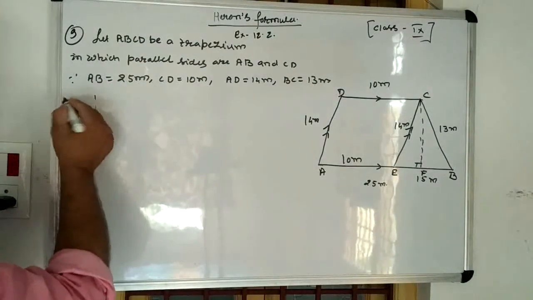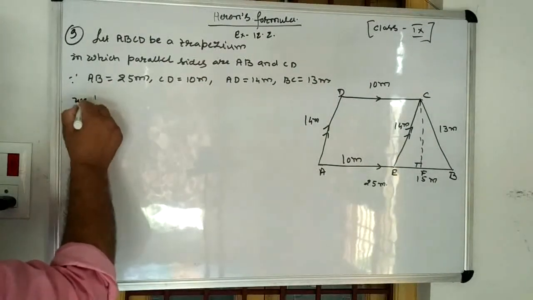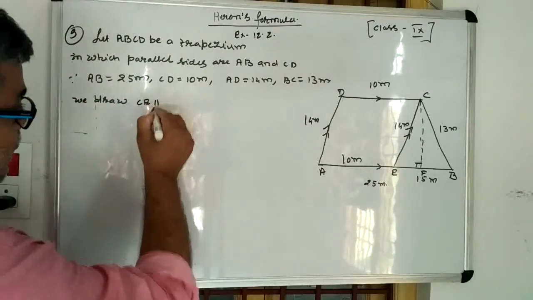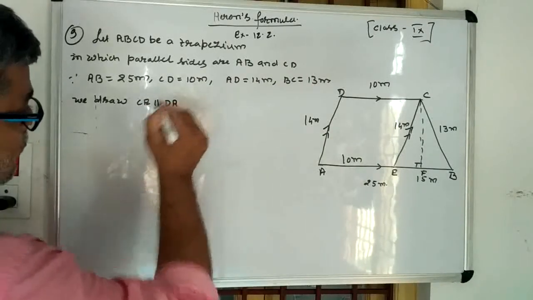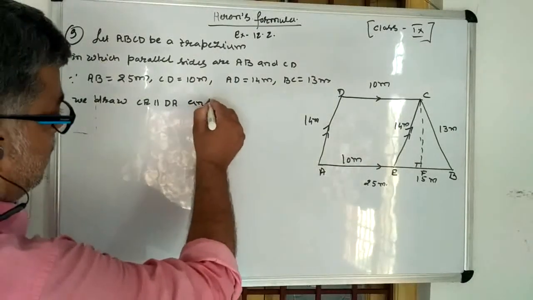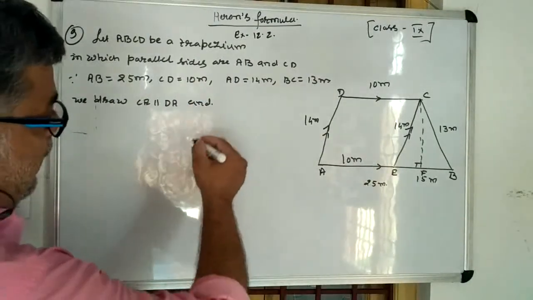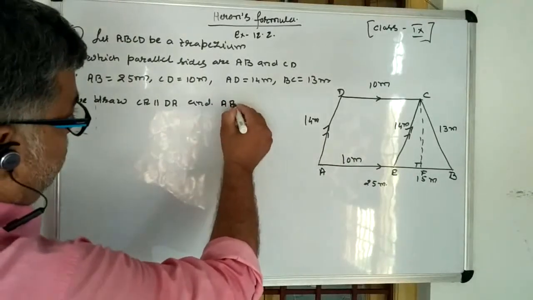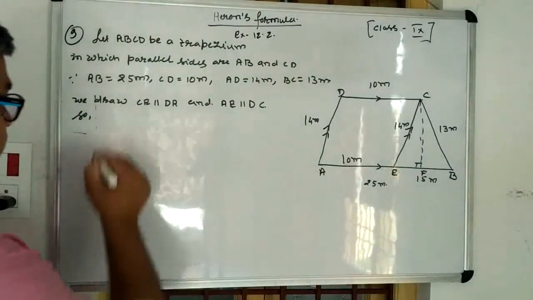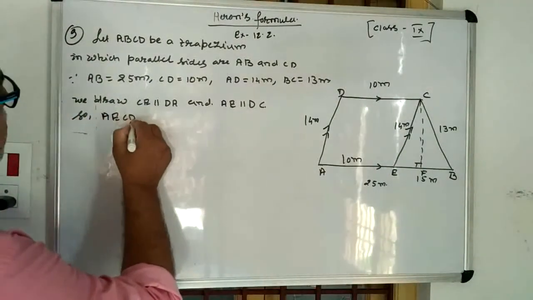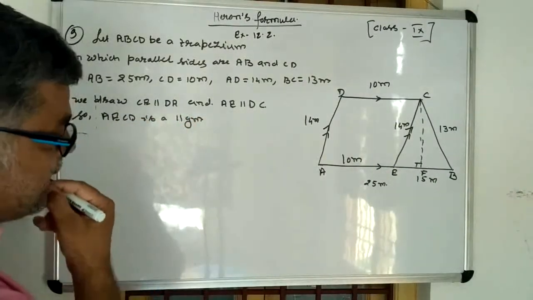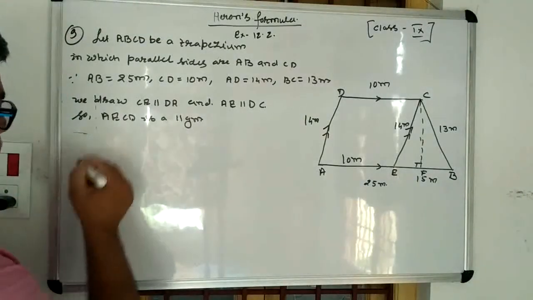Now what we have done? We draw CE parallel to DA. When CE is parallel to DA and AE parallel to DC, so AECD is a parallelogram, and we know that the opposite sides of a parallelogram are equal.